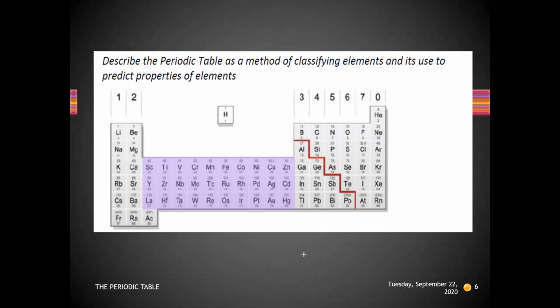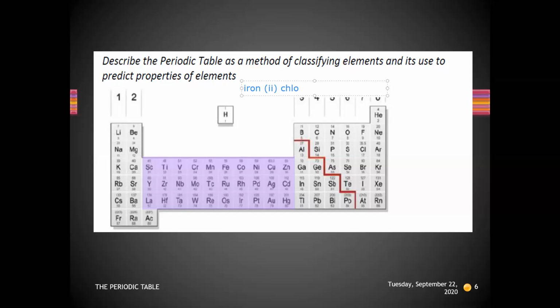Yes, Hashim, you used the raise hand option. What's the question? Sir, how will you know when the electron has jumped from one shell to another? They will mention it in the question, they will specify that it is iron 2 chloride. If it is iron 2 chloride, it means the iron has lost 2 electrons.